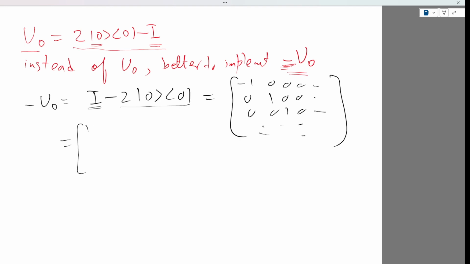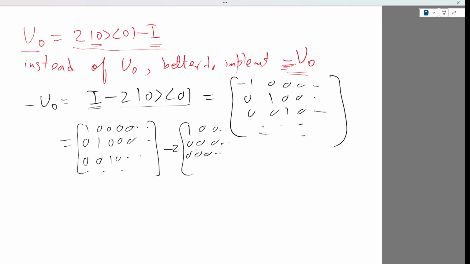So let me just show. This identity, for the 3 qubit case, would be an 8 by 8 matrix, and this |0⟩⟨0| would be this matrix. So 1 minus 2 over here will give us minus 1, and everything else is 1.